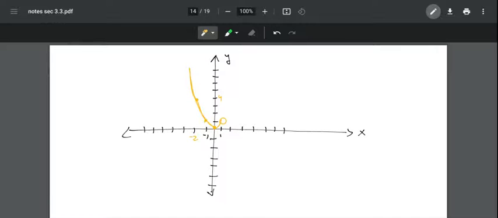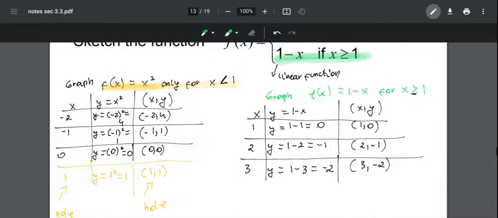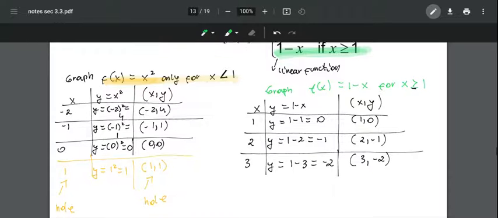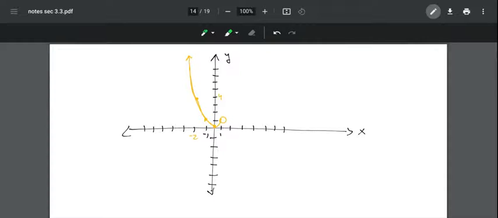That's our quadratic function, but we only graph this quadratic function for x less than 1. Now, next one, the linear function. We select 3 points and we're graphing that linear function only for x greater than or equal to 1. So we have point (1, 0) right here.